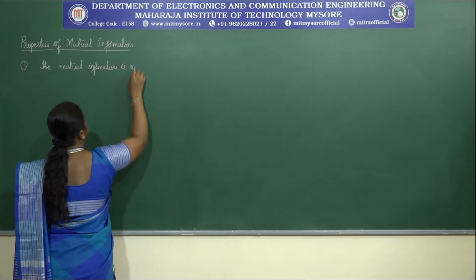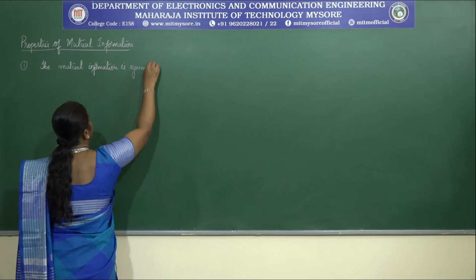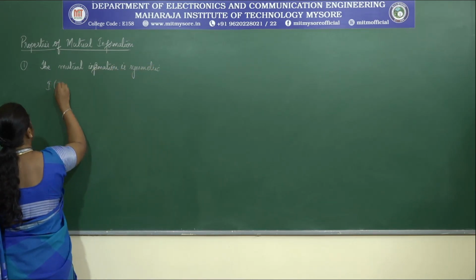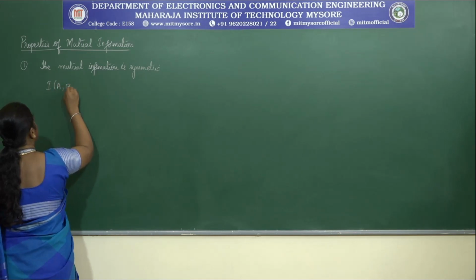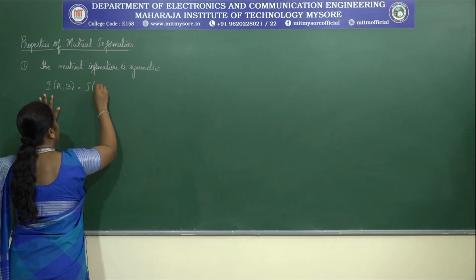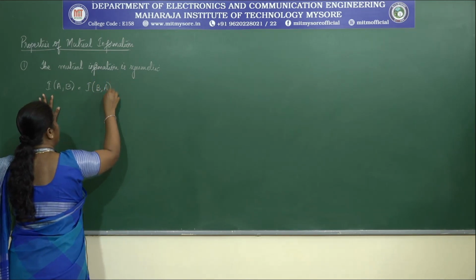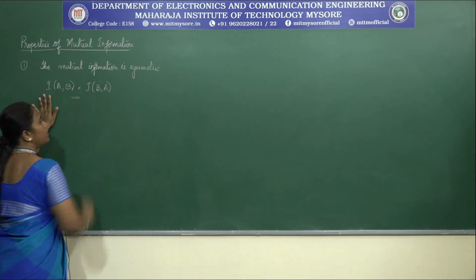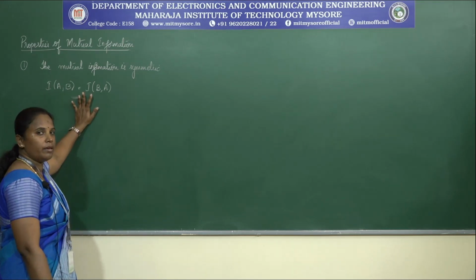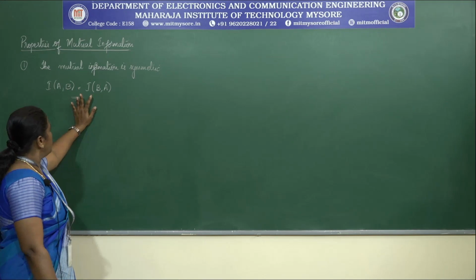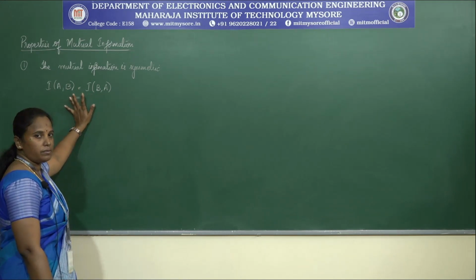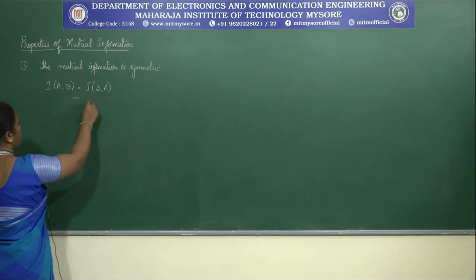We already proved an equation related to mutual information, I of a comma b, which is also equal to I of b comma a, in the previous class. So that means they are symmetric with respect to each other. This is the first property.